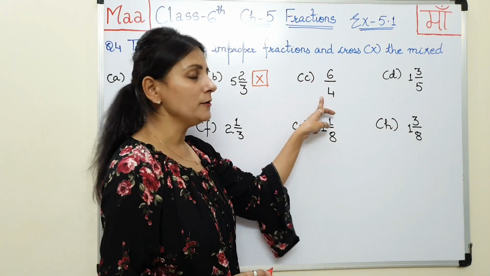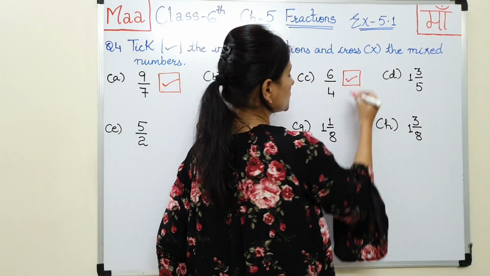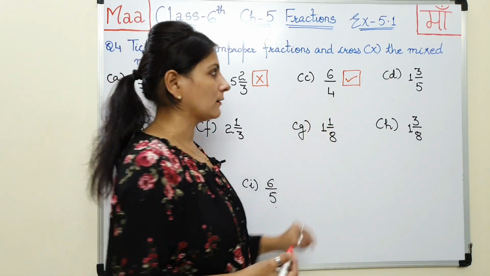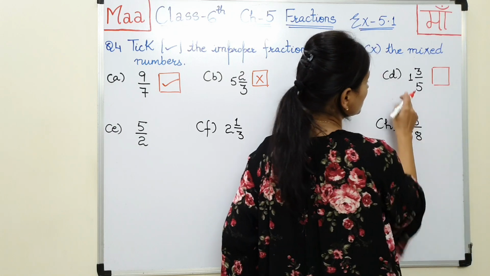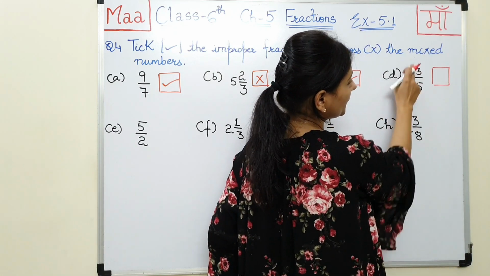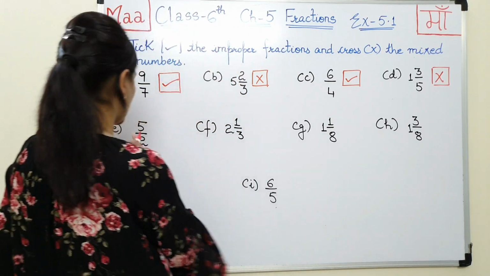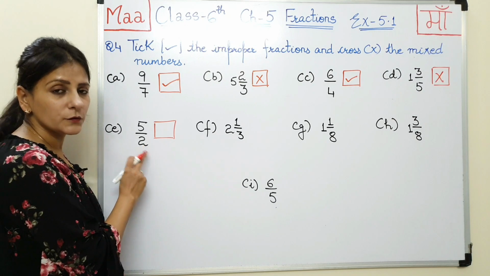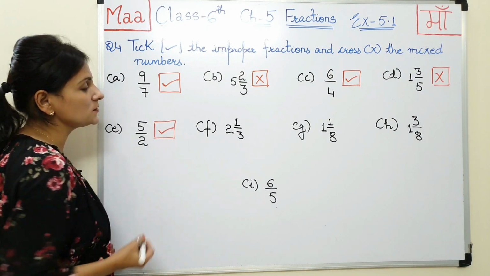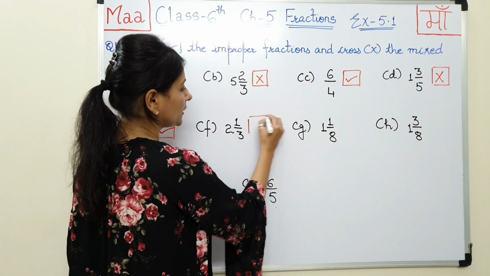Next 6/4. So this is an improper fraction. So I have done tick mark here. Then 1:3/5. This is the combination of a whole number and a proper fraction. So mixed fraction cross. Then 5/2. Numerator is greater than the denominator. So it is an improper fraction. So I am putting tick mark here. Then 2:1/3.